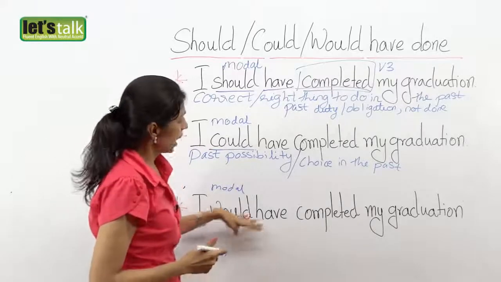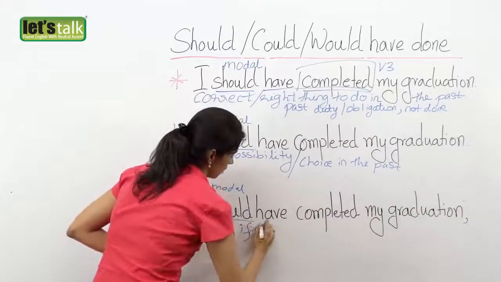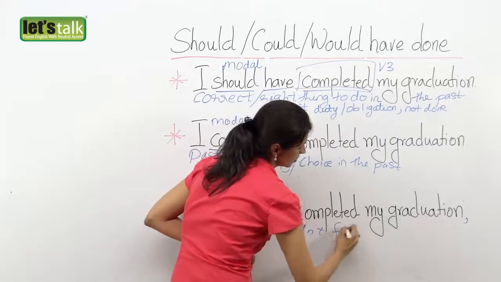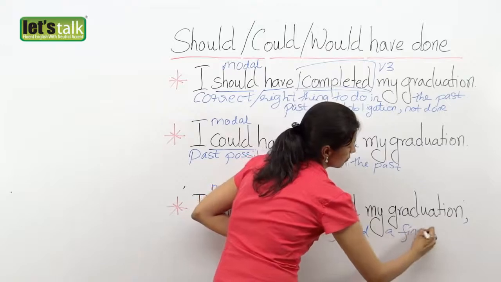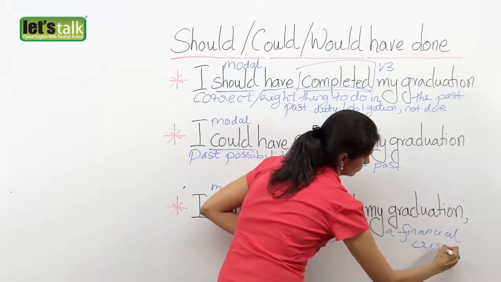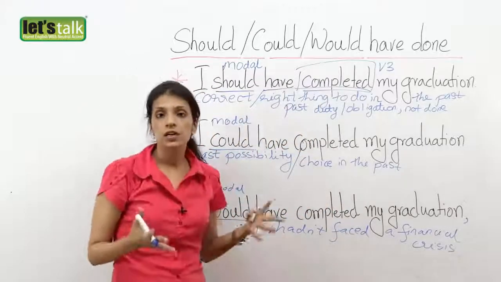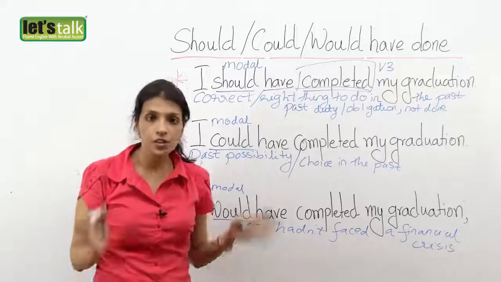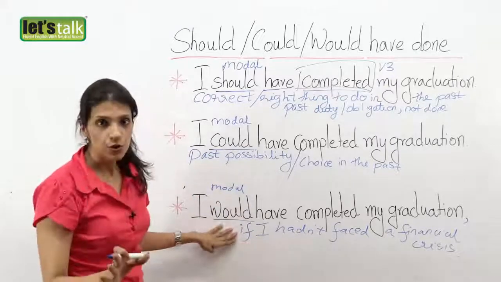So I'll say I would have completed my graduation if I hadn't faced a financial crisis. That means you were bound by certain circumstances and you couldn't do it. It was not in your hand, it was beyond control. So here you didn't have a choice.